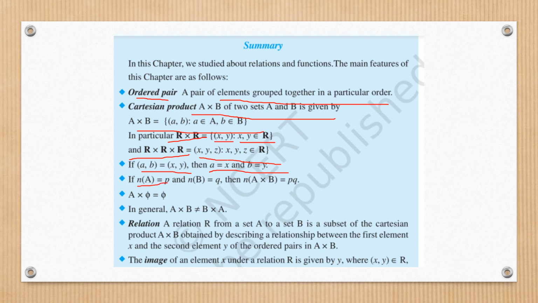If the number of elements in A is p and in B is q, then the number of elements in A cross B is p into q. And A cross phi is phi.